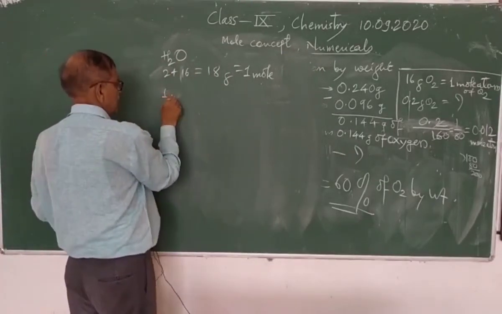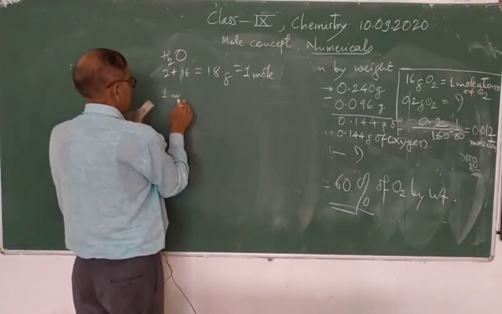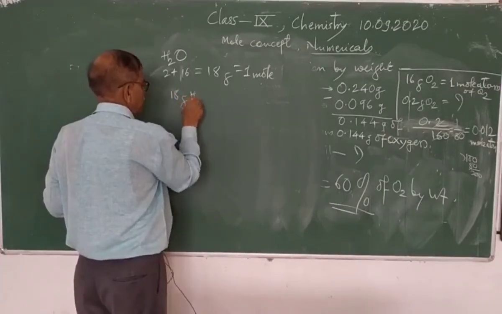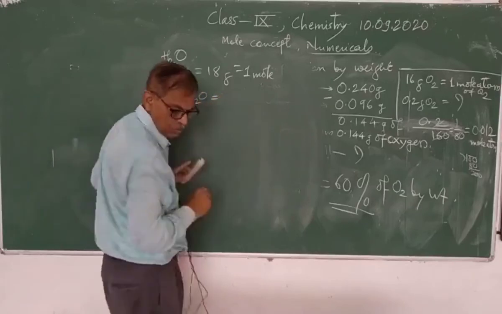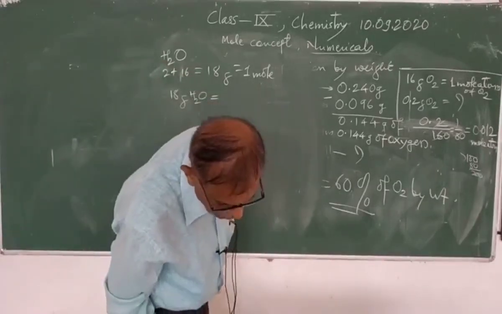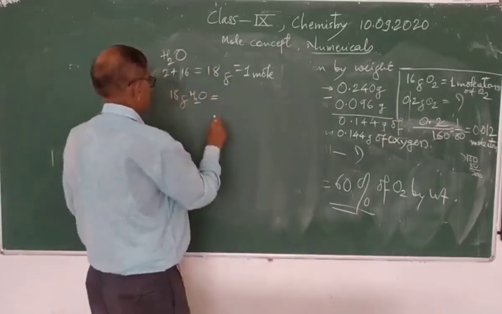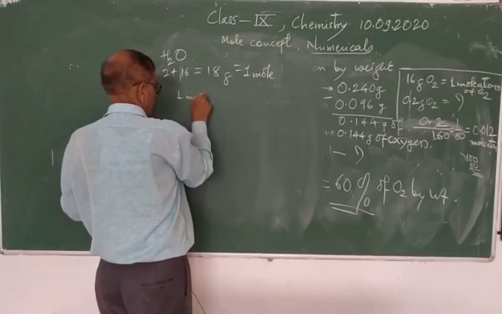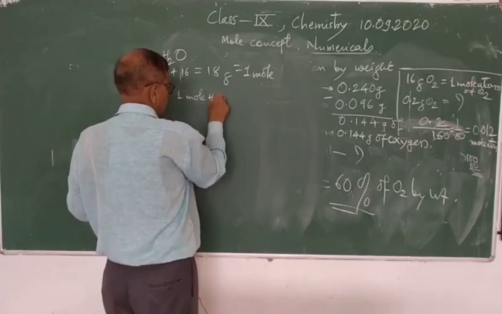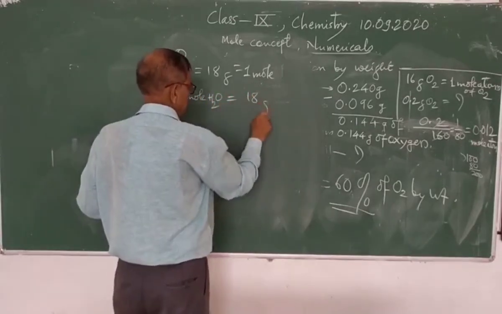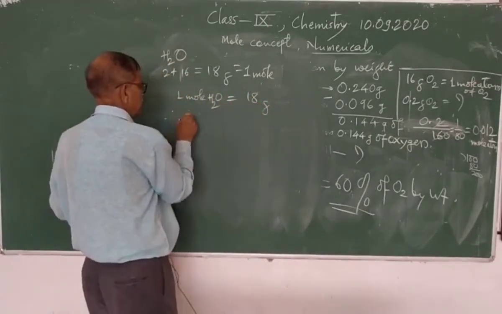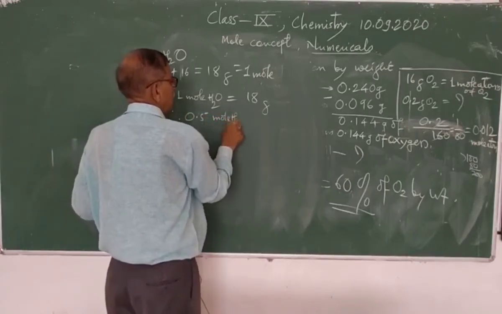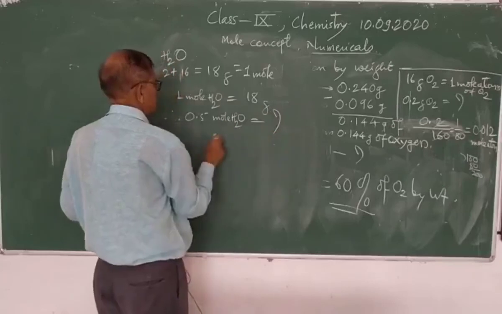And we can say that 1 mole H2O is equal to 18 gram, and hence 0.5 mole H2O is equal to how much?